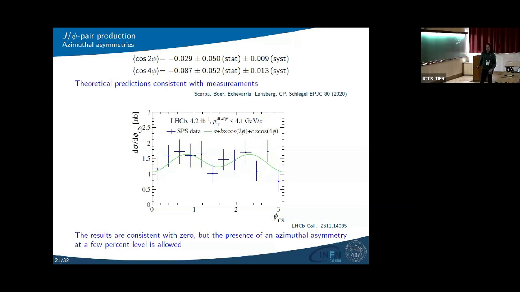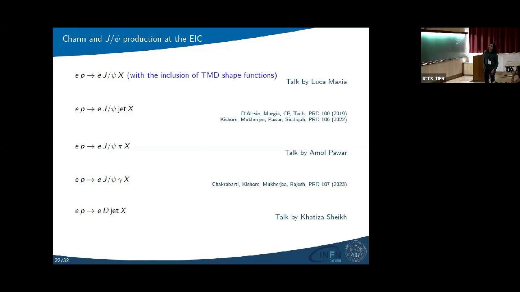But as the authors of the paper say, the presence of azimuthal asymmetry at a few percent level is still allowed. So there is some hope that there is some linearly polarized gluon hidden in this data.